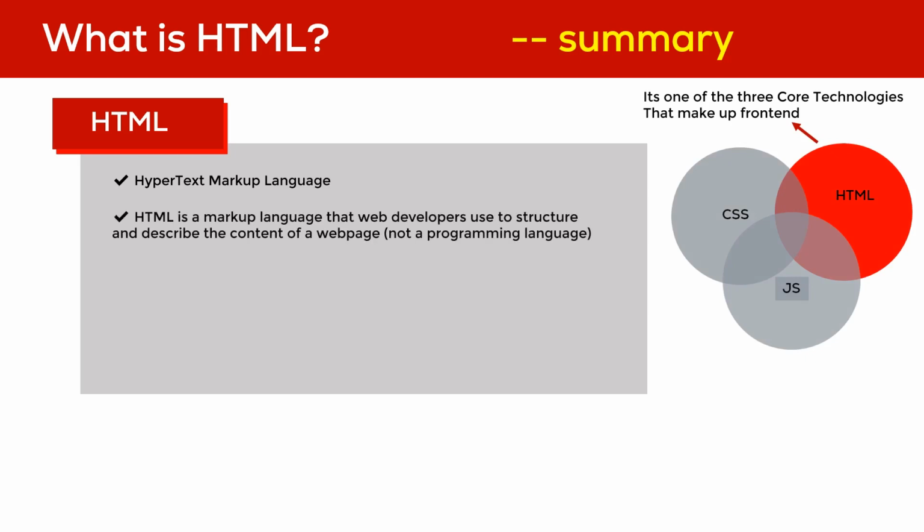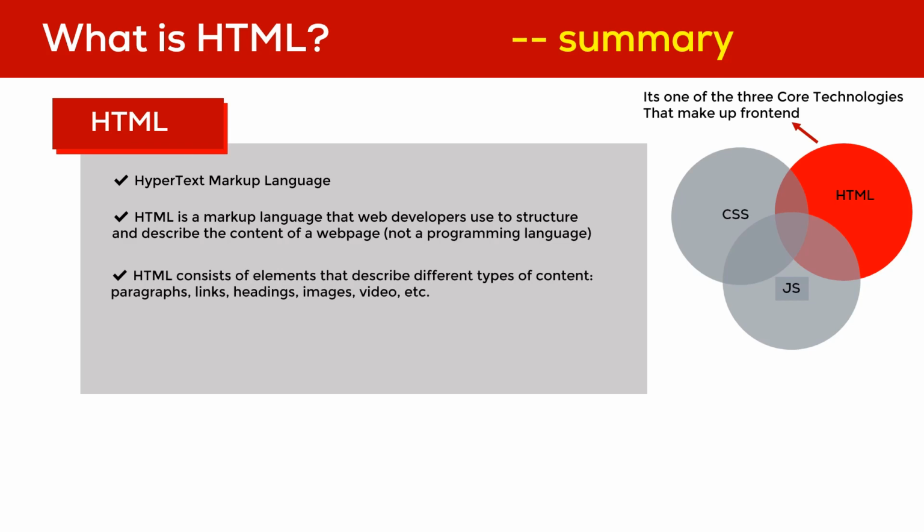We also saw that HTML is a markup language that web developers use to structure and describe the content of a web page. And we also said that it is not a programming language, it is a markup language. It helps the developers to develop the skeleton or the structure or the markup of a web page.